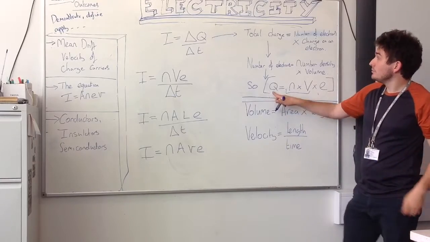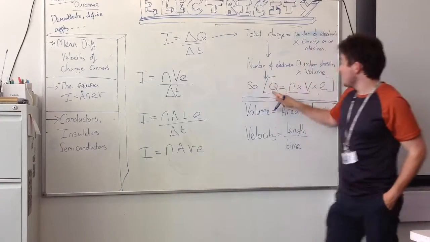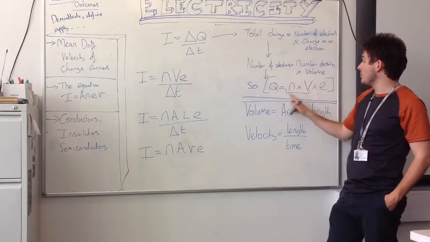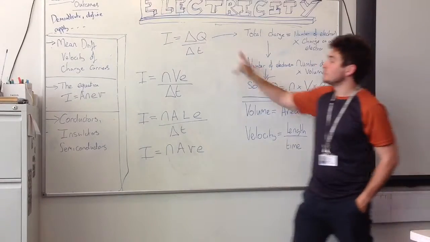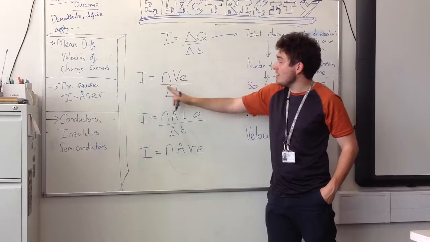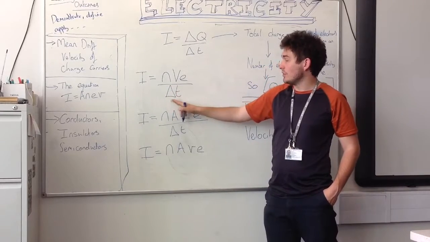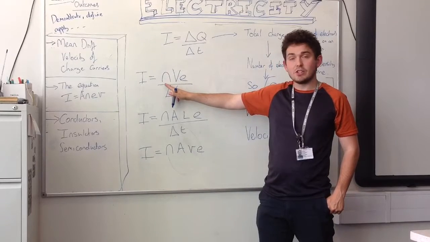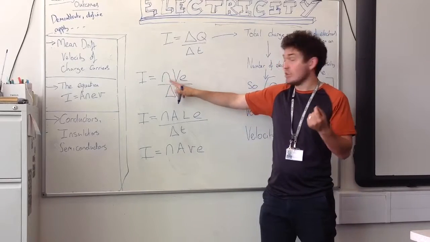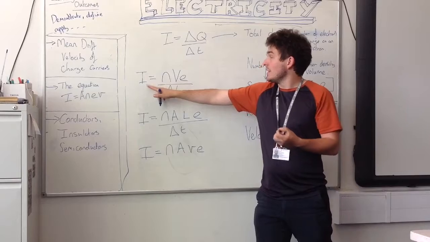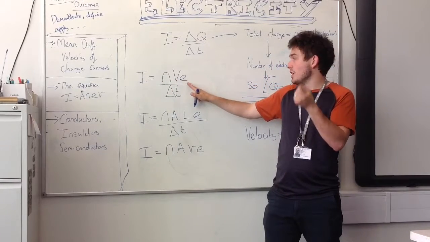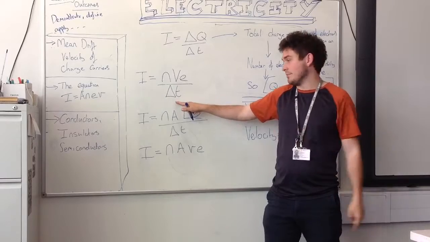Now all we have to do is put this equation in instead of Q. So wherever we have Q, we're going to write nVe instead. So we get I equals nVe over delta t: the number density times the volume times the elementary charge divided by the time.